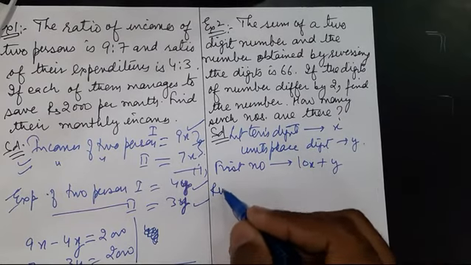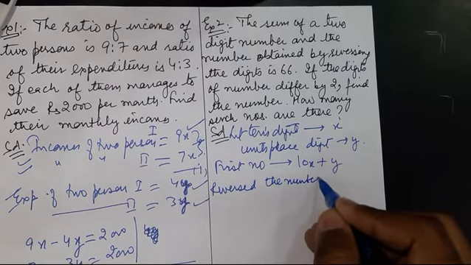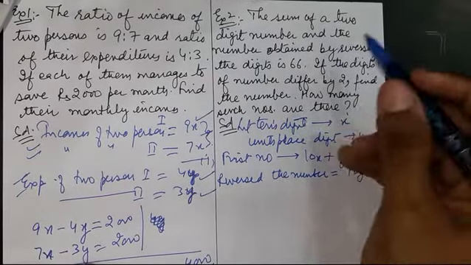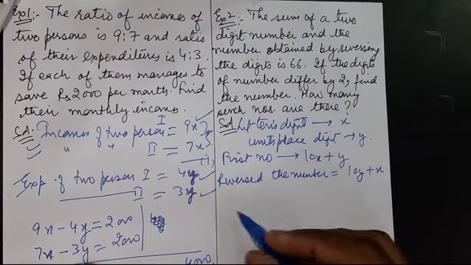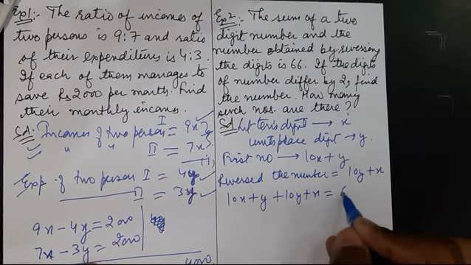If you reverse the number, it will be 10y plus x. Got it? So the sum of a two-digit number and the number obtained by reversing the digits means add both these numbers, 10x plus y, 10y plus x, you get 66.